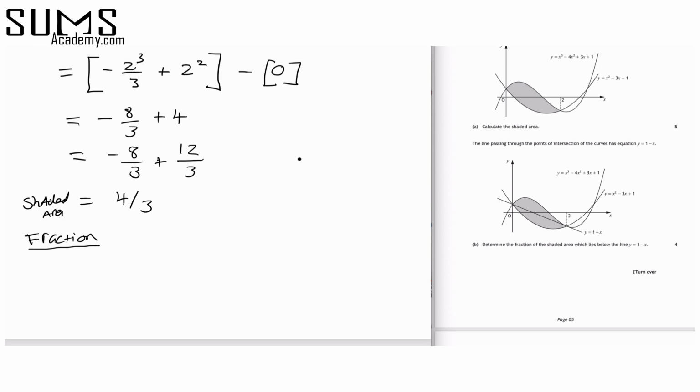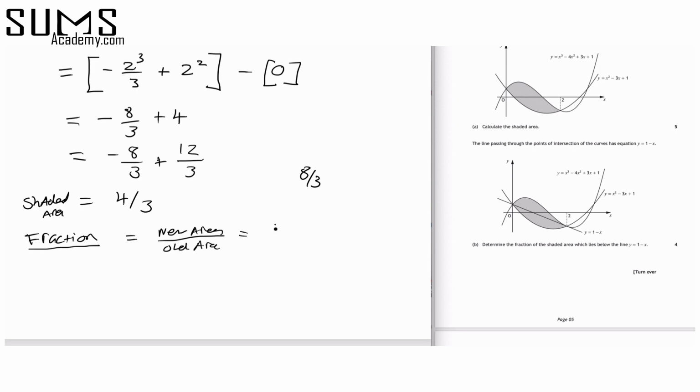Our shaded area before was 8 over 3, and our new shaded area is 4 over 3. So I'll write it out in full so it makes more sense. Small area, or new area, over old.